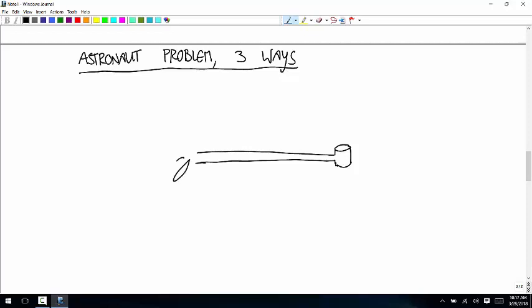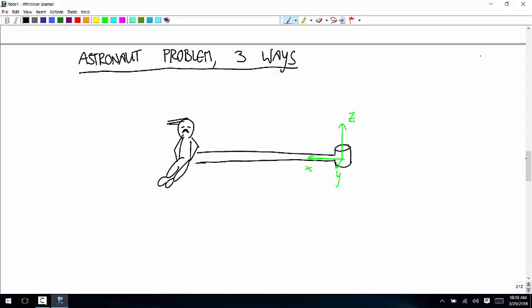Okay, so here's the astronaut. We're going to have the x-axis pointing that way, y-axis towards us, z-axis up.